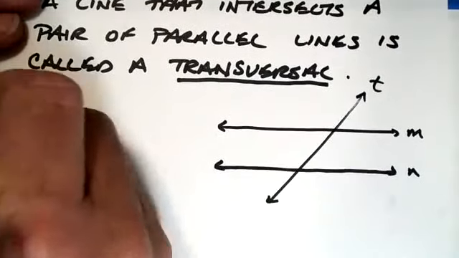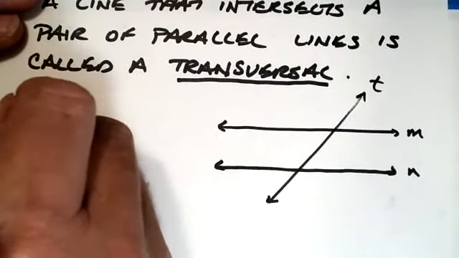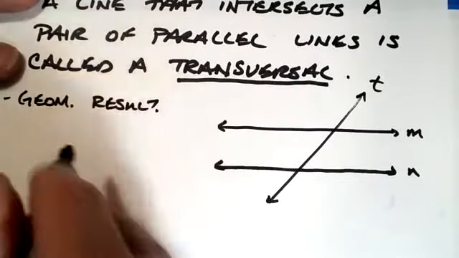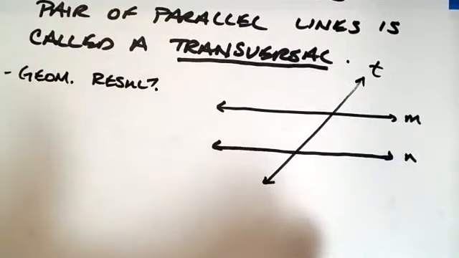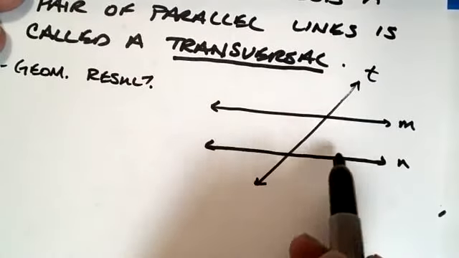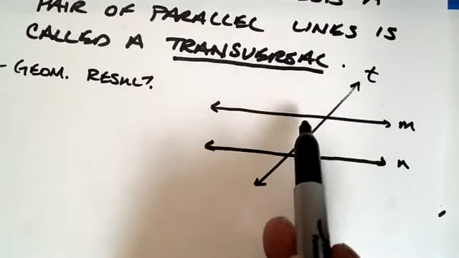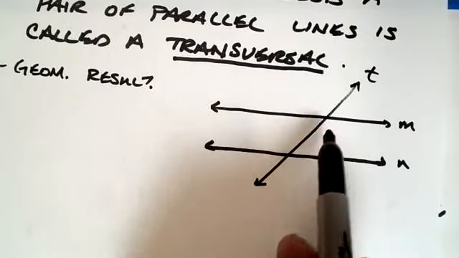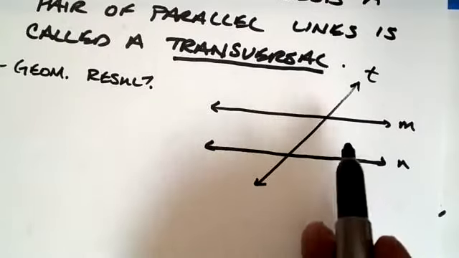So here's a geometry result. If you have this setup, and when we start talking about angles in here, these are what are called the interior angles of this arrangement.